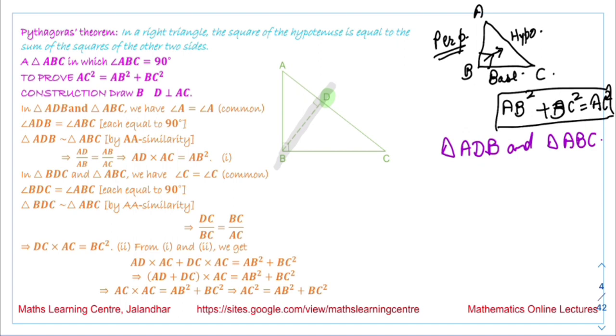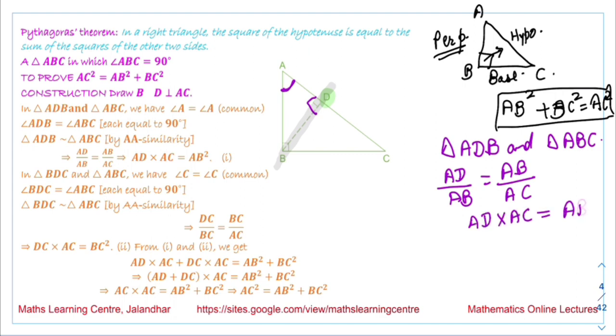How have we proved this? This angle is 90 degrees and the angle at A is the common angle, so both triangles are similar by the AA axiom. So we get AD over AB equal to AB over AC. This gives us AD into AC is equal to AB square.